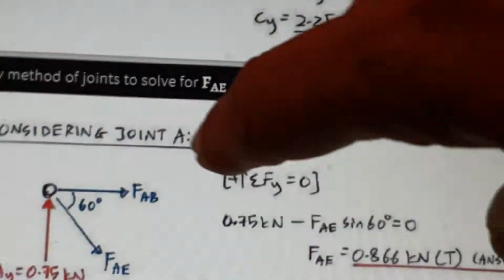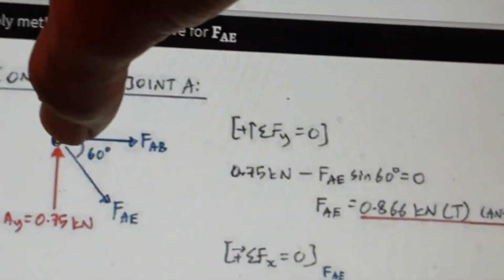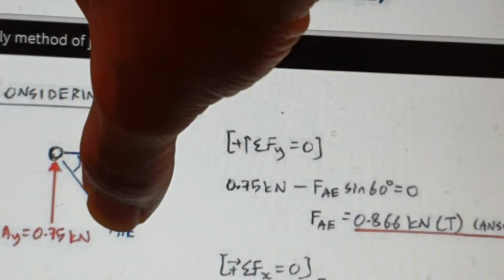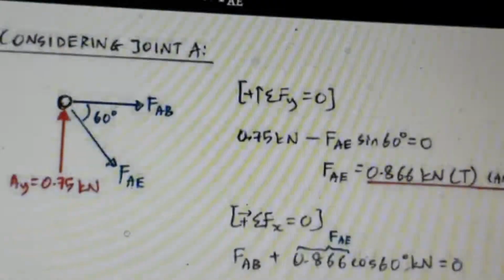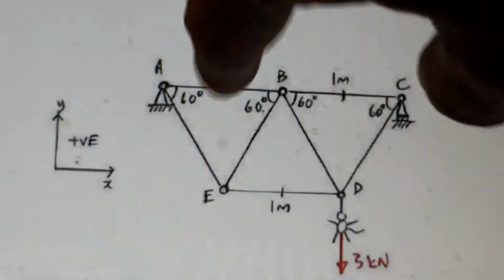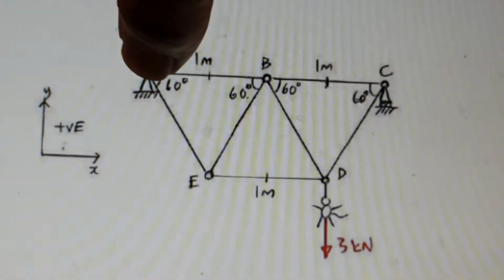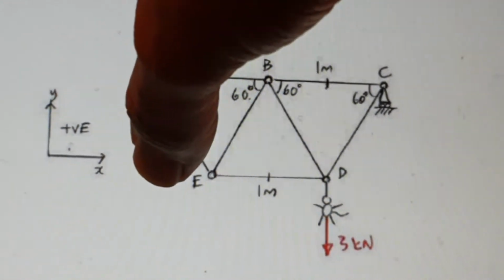If you take joint A, you'll have force AB, you'll have force AE, and you'll have the AY, 0.75. This is only at joint A. Look at joint A. It has AB force, it has force AE, and it has the AY.